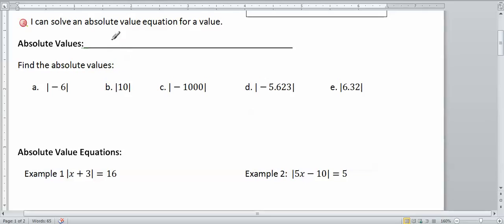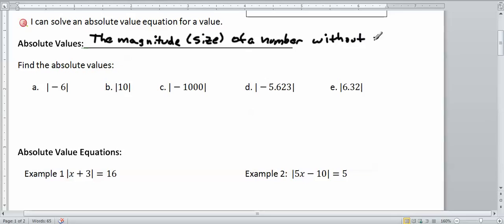And an absolute value is the magnitude, or size, of a number without regard for its sign.